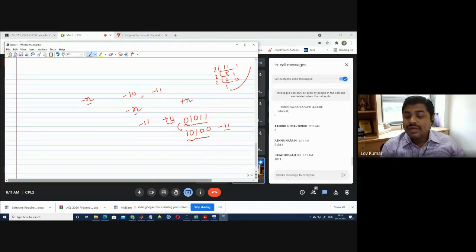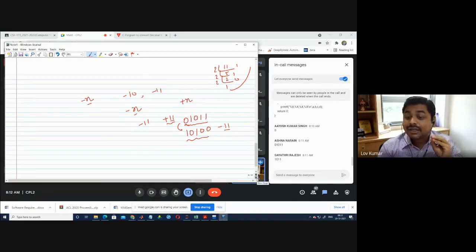Okay, so there is no direct way to find the 1s complement. If you are going to represent the negative number in 1s complement, then first you find the binary representation of the positive number, and simply you have to change 0 to 1 and 1 to 0. That will become the negative number. Okay, same like that.